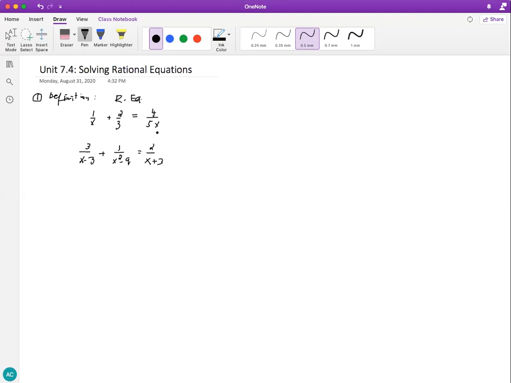Again, why do we call them rational? Because they have rational expressions, fractions with polynomials, top and bottom, p over q, something like that. And they're quite similar, at least in the methods we use to solve them, to first degree equations.